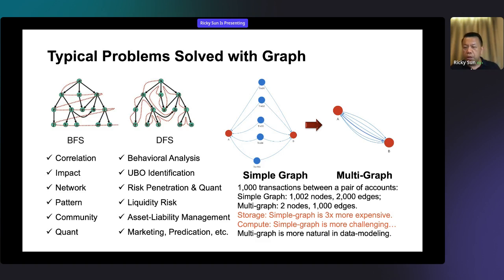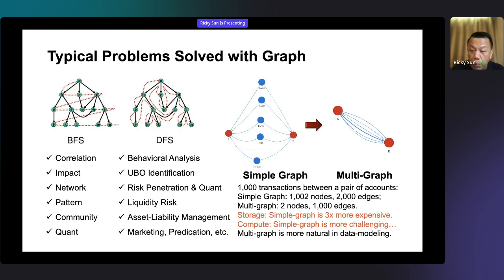If we use the simple graph data modeling mechanism, there will be 1,002 nodes plus 2,000 edges. And in a multigraph setup, we need only 2 nodes and 1,000 edges. That's where the definition of multigraph comes from.